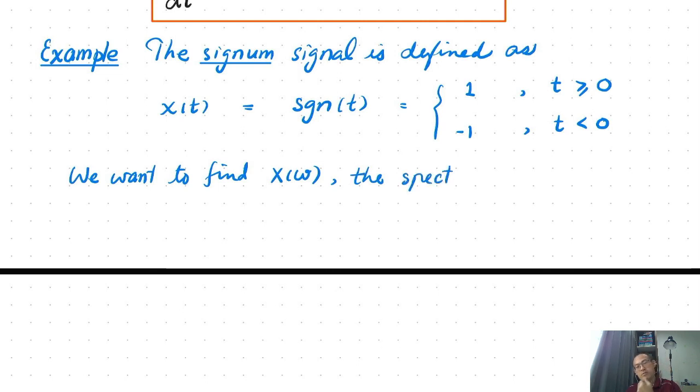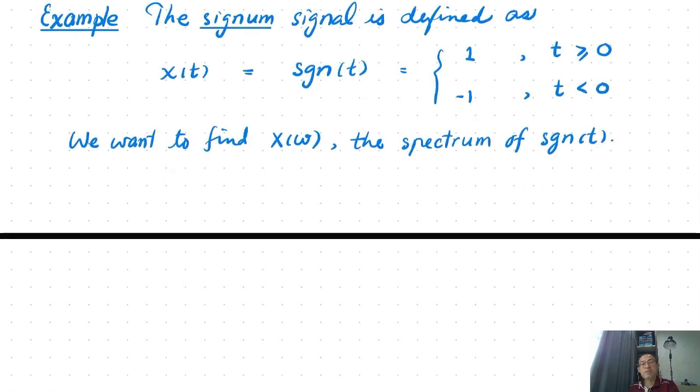I will use the word spectrum and Fourier transform interchangeably. Whenever I say spectrum, it means the Fourier transform, right? They can replace each other without any ambiguity. So we'd like to find the spectrum, or the Fourier transform, of the signum signal.